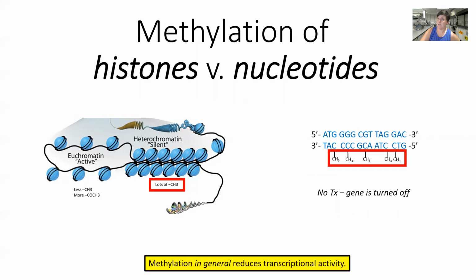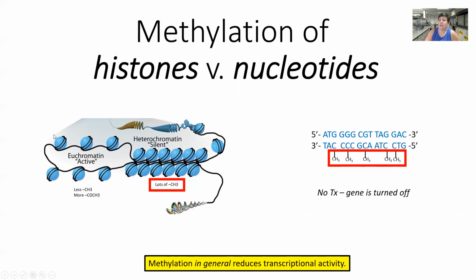So again, what we talked about before this was methylating individual nucleotides, so cytosines. And if you methylate those cytosines, RNA polymerase is not going to be able to recognize the sequence, and therefore that gene is turned off. So again, methylation will reduce transcription in that case.